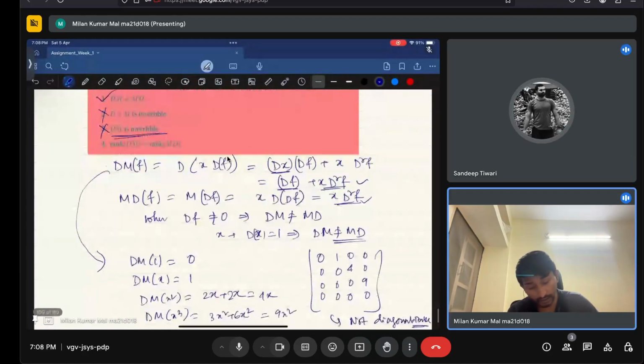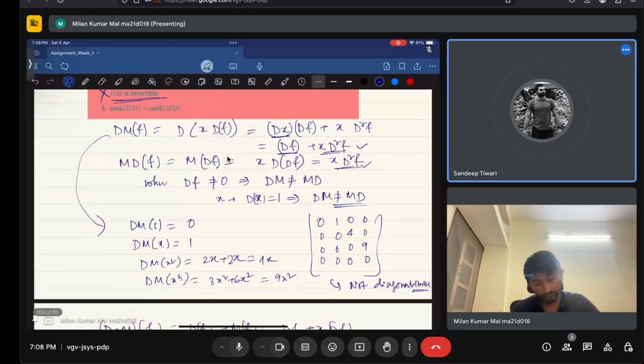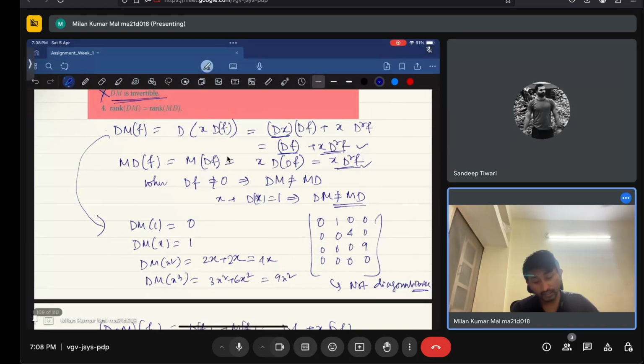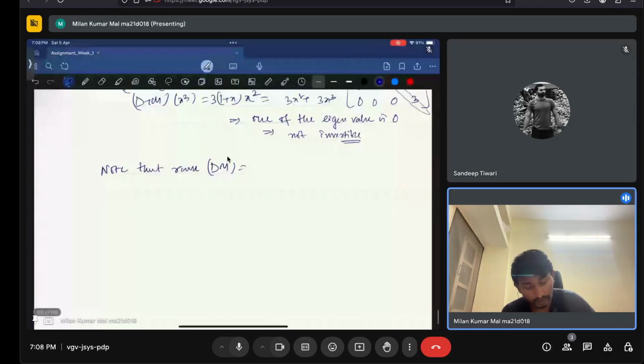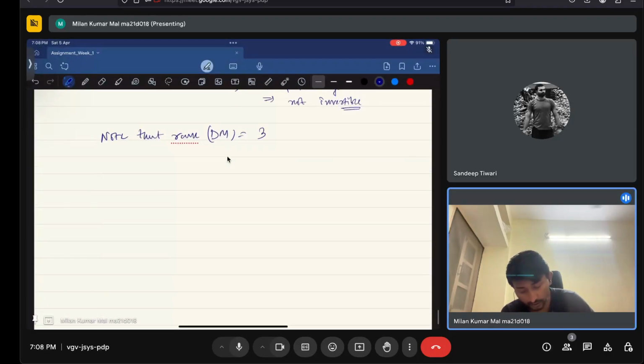Rank of dm and md. One can say that this will also be false, but let's check. Note that the rank of dm is equal to 3, because there are 3 non-zero rows and it is not possible to reduce them. And what is md of f?